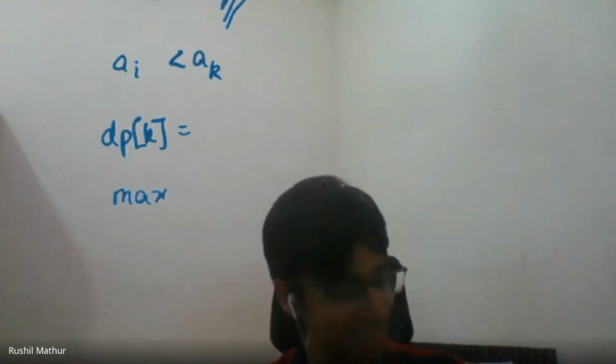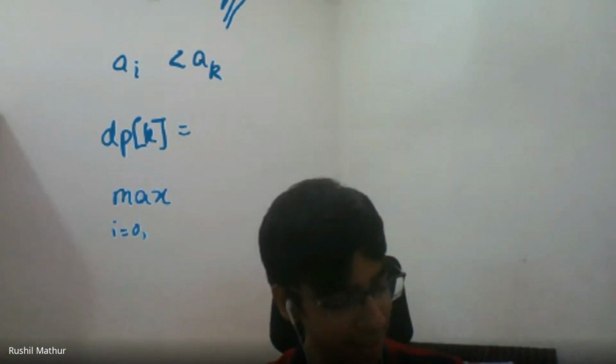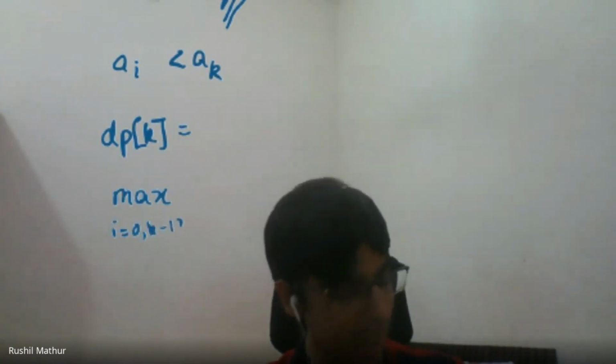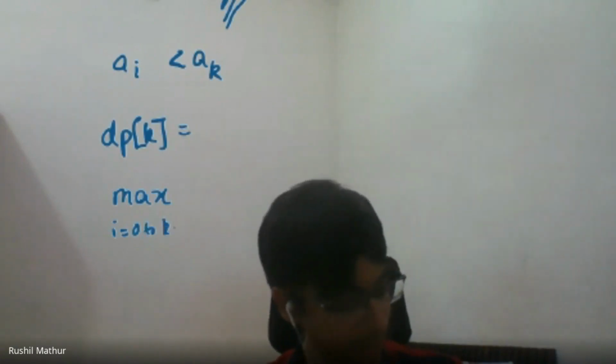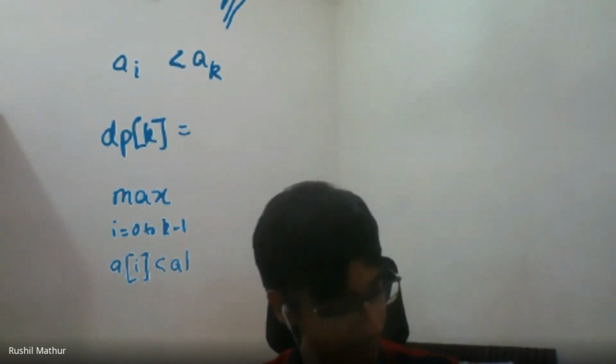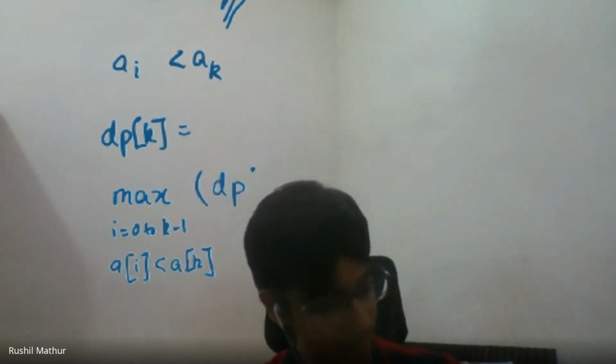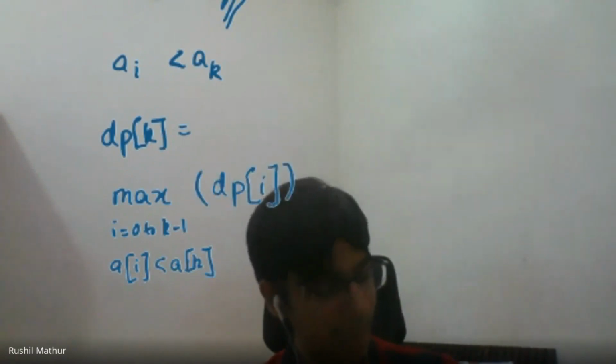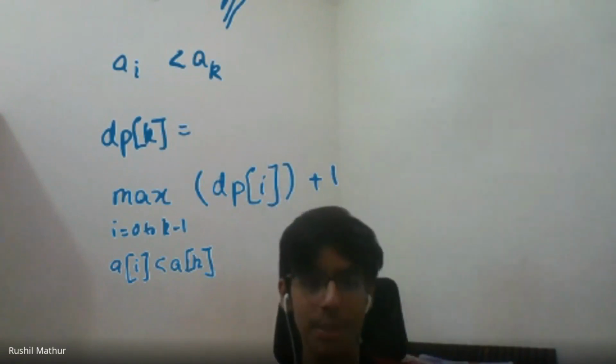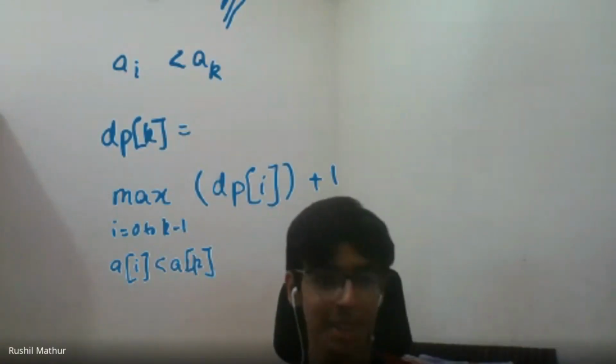It's max of i going from 0 to k minus 1, such that ai is less than ak, of dp i, plus 1. Do people get why this works? Yeah. Okay, good. So this is our recurrence.